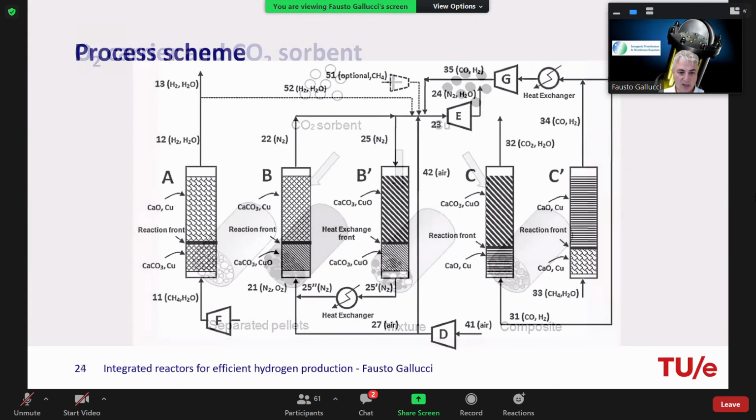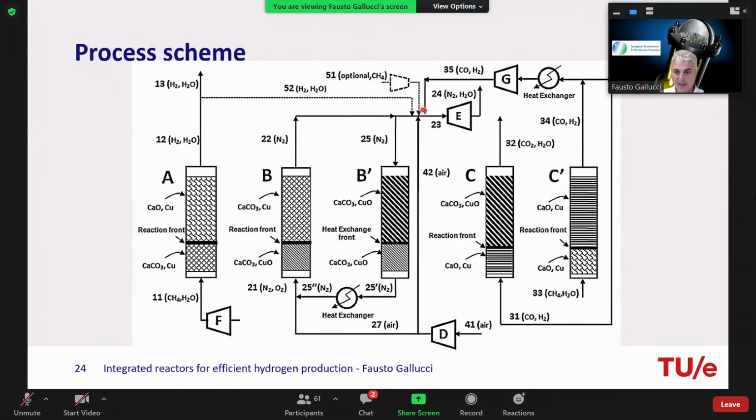So we did the system of steps such that the complete system would capture the CO2, produce the hydrogen, and then regenerate the solids. And I told you before that you need at least 3 steps, but in reality, you need 5 steps. And now for simplicity, believe me that you need these steps. And then in particular, if you have any question, I will show you how these steps would work.